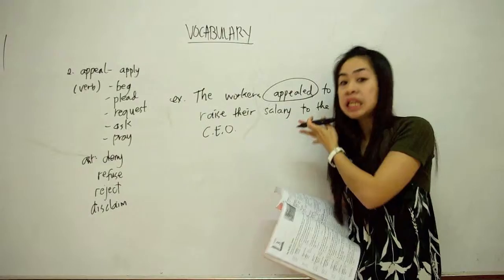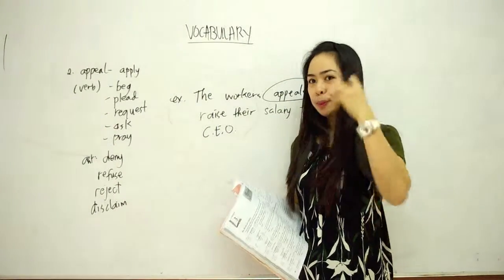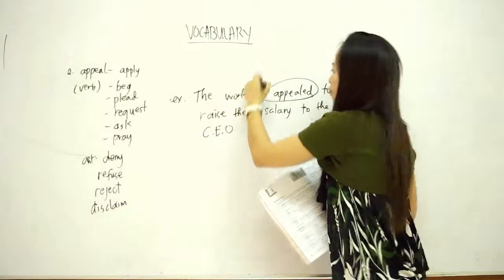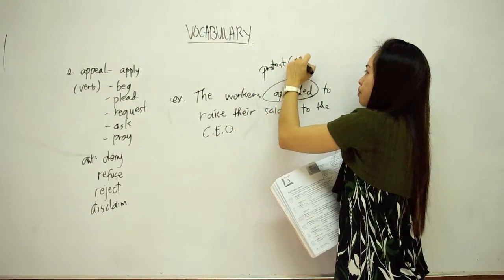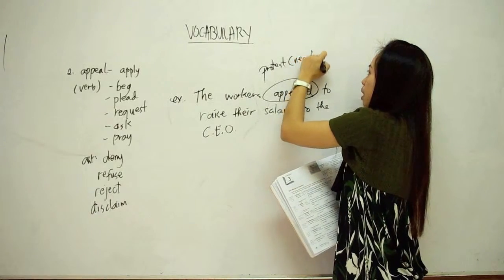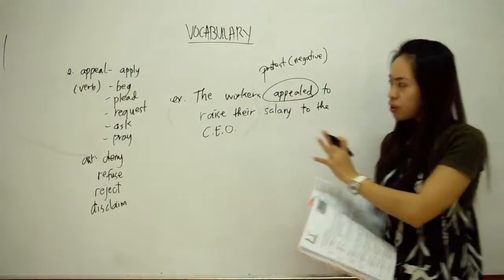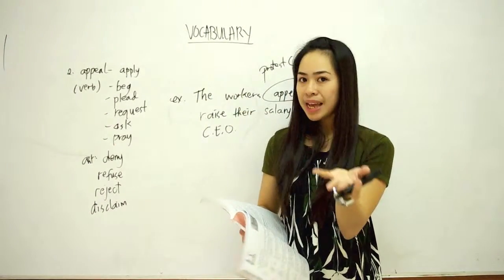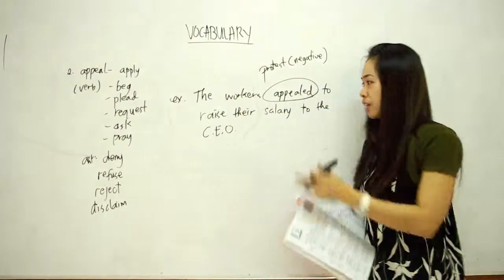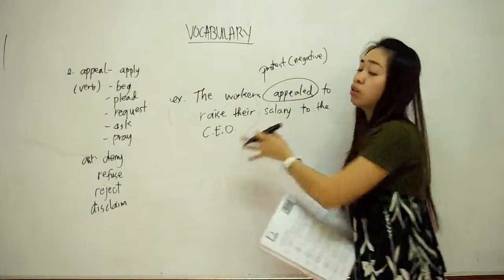So they are appealing. Sometimes appeal also goes with the word protest. However, the word protest normally is negative. So we could say the word appeal is like trying to persuade or beg someone to give us something, like in this example, the workers appealed to raise their salary to the CEO.